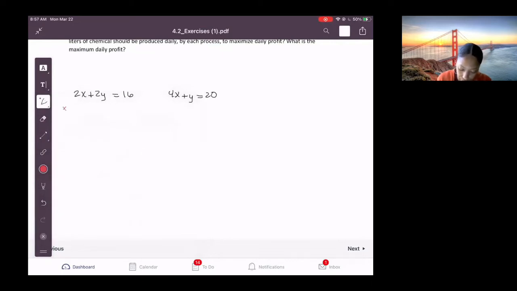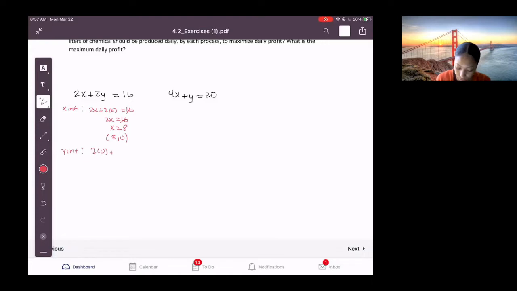We want to find the x-intercept and the y-intercept. For the first one, the x-intercept, we'd have 2x plus 2 times 0 equals 16. 2x equals 16, x equals 8. So 8 comma 0. And for the y-intercept, it'll also be 8.